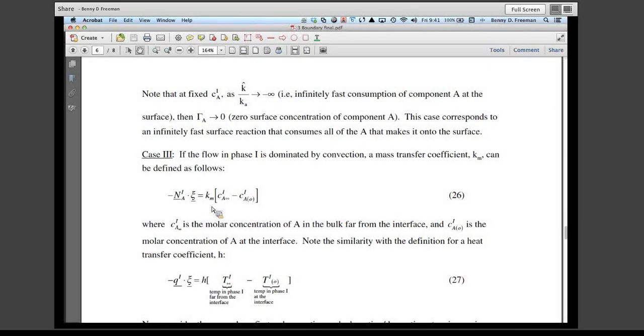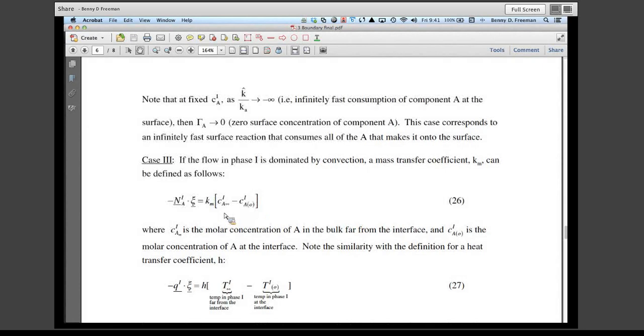And that mass transfer coefficient is simply a proportionality constant that relates the flux to the concentration driving force in the phase next to the catalytic surface, in this case, or next to the phase interface. C_A infinity in phase 1 is the concentration of A in the bulk that is far from the interface, and C_A0 is the concentration of A right at the phase interface.